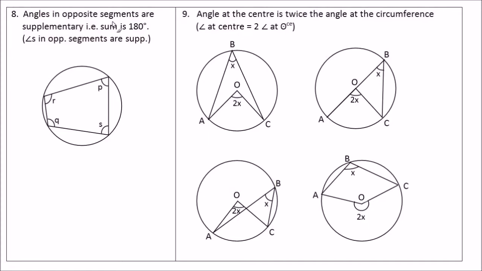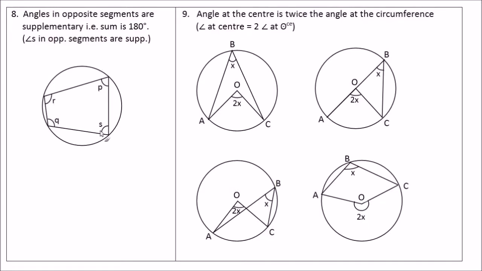Now, what does it mean, opposite segment? If we draw a line here, we have two segments in this circle. In this segment, the angle is P, and in the segment over here, the angle is Q. P and Q added together will give you 180 degrees.